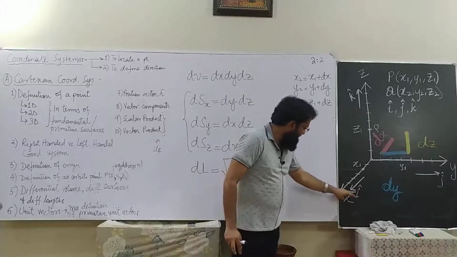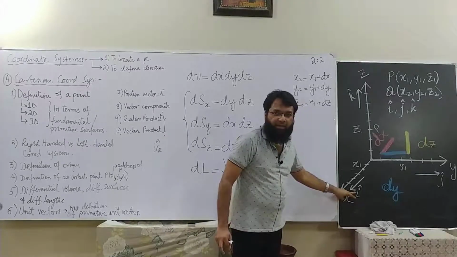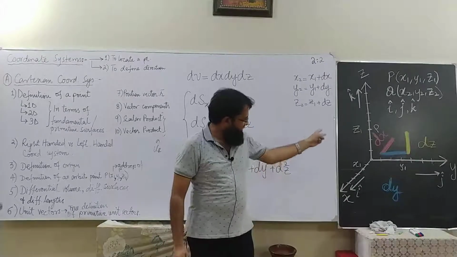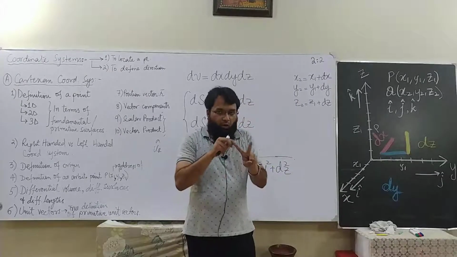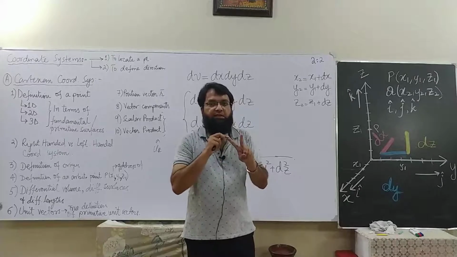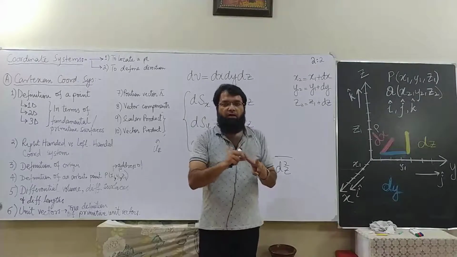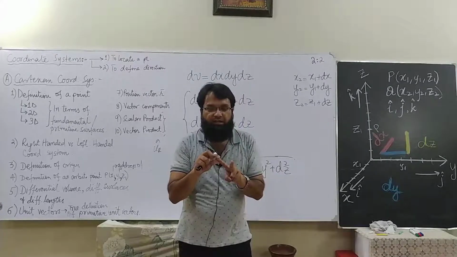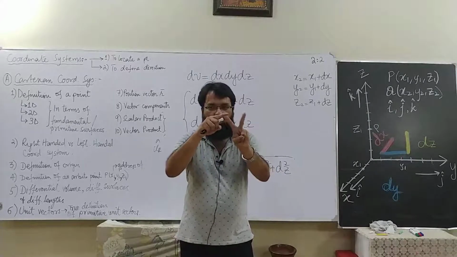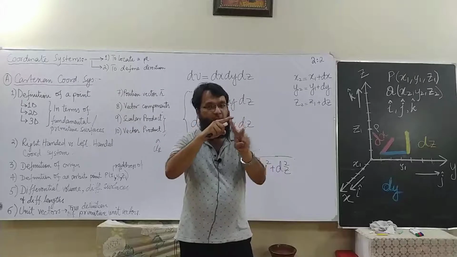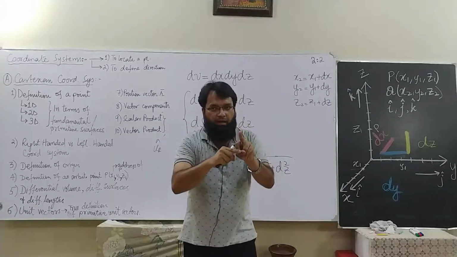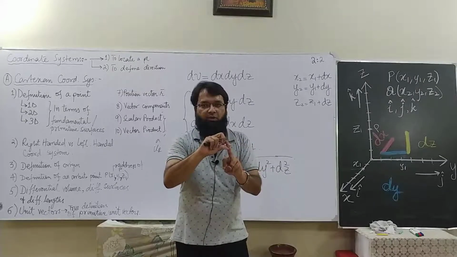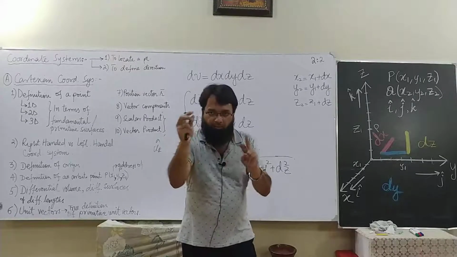A primitive unit vector, i, j or k, is always perpendicular to the fundamental shape with which it is associated. Number 2, it always points in the direction of increasing values of that coordinate.